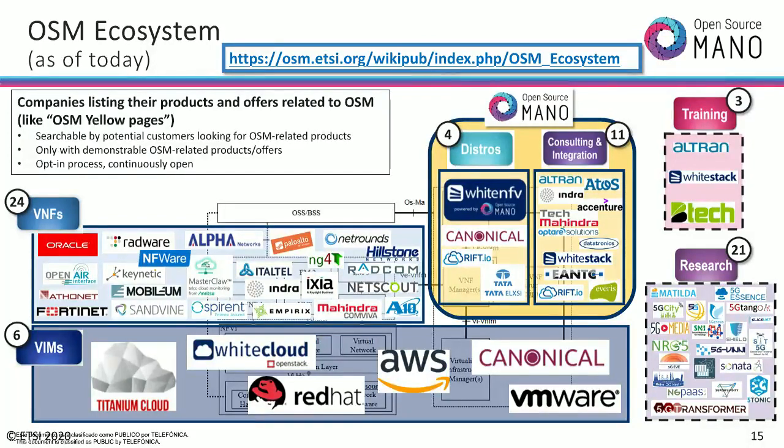Actually, let me complement that. We are preparing in OSM a way of building a catalog of the VNFs that are onboarded or test VNFs that we are using, so it's easier to locate.